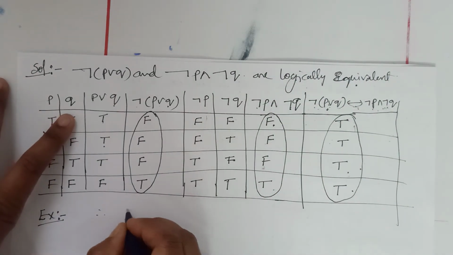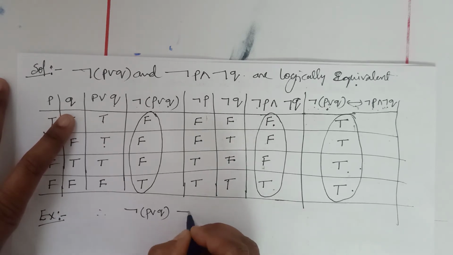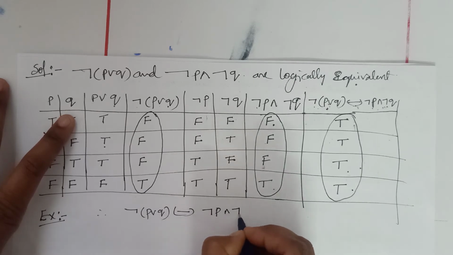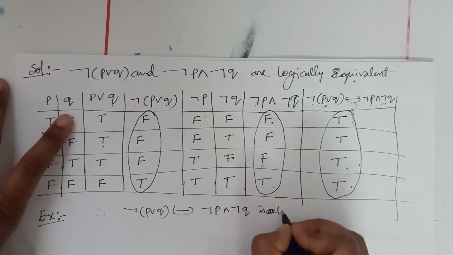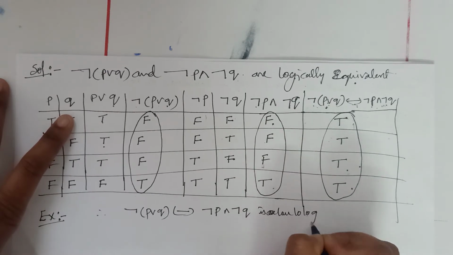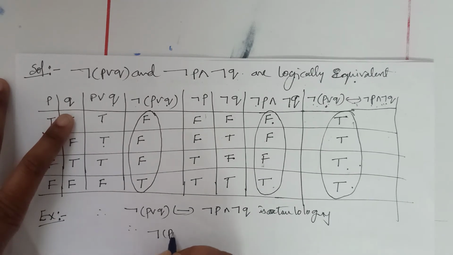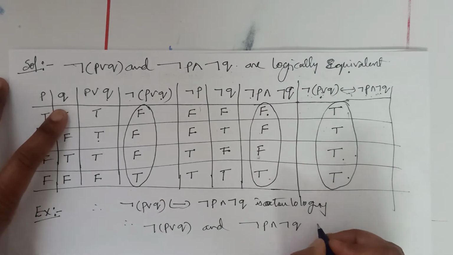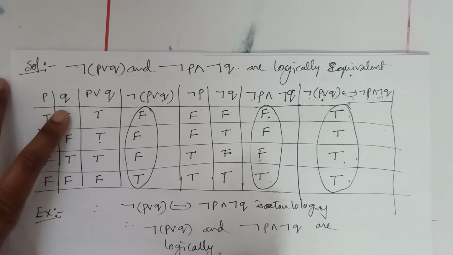Therefore we can write negation of P or Q biconditional negation P and negation Q is a tautology. Therefore negation of P or Q and negation P and negation Q are logically equivalent.